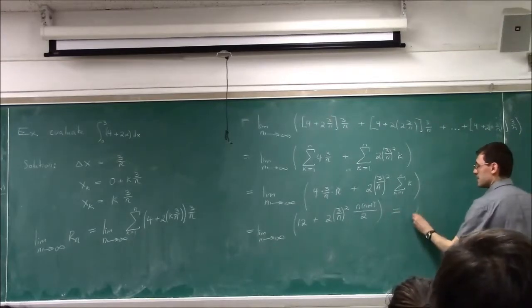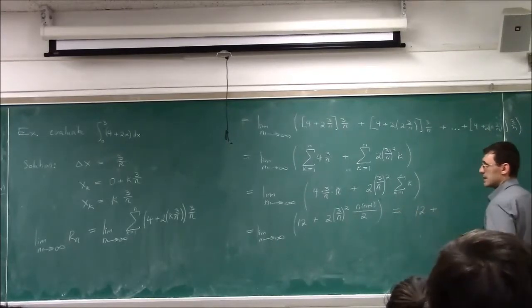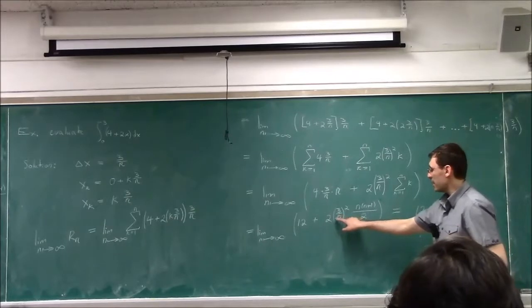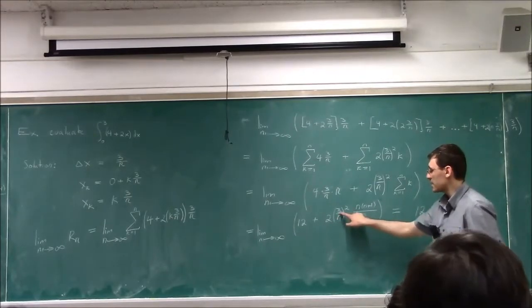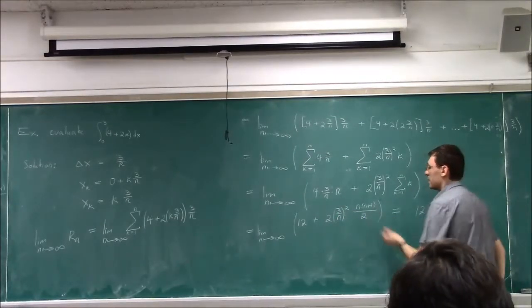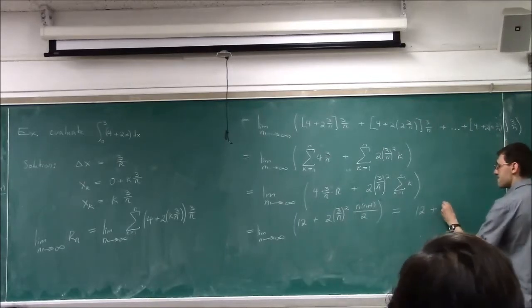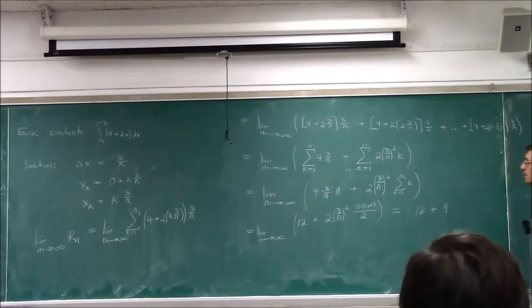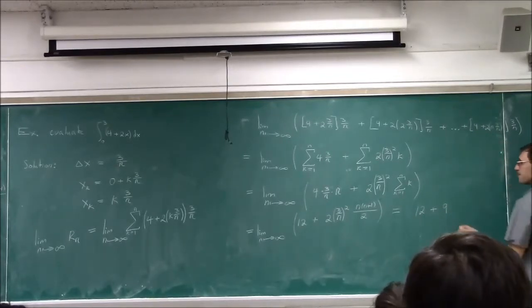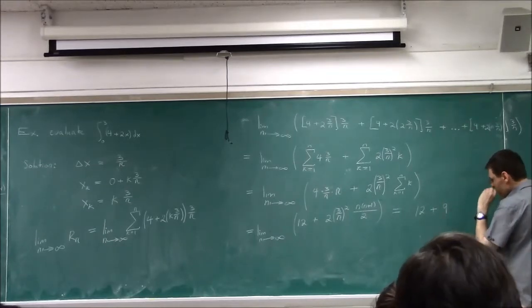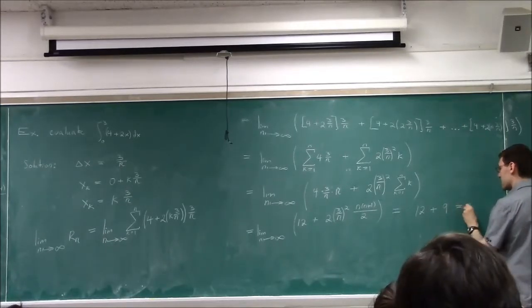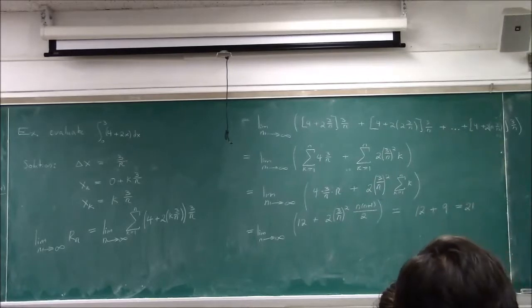So in the limit, this is just going to be 12 plus, the 2 crosses out, so it's just going to be 3 squared, or 9. 12 plus 9, so 21. Okay?